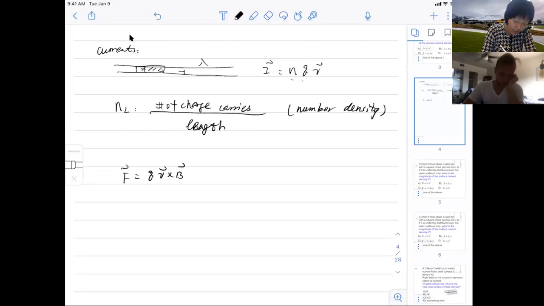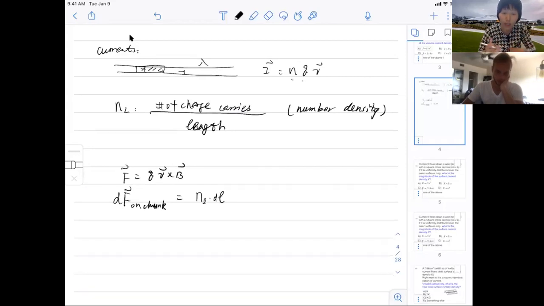If you're looking at F on a chunk with a collection of charges, that's going to be N, the number of carriers per length, times dl, so that's how many charges you have in that length, times Q V cross B.